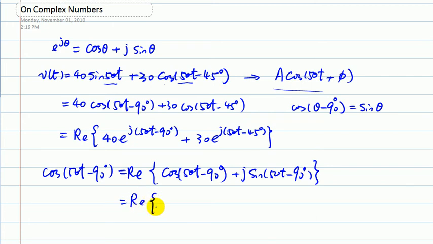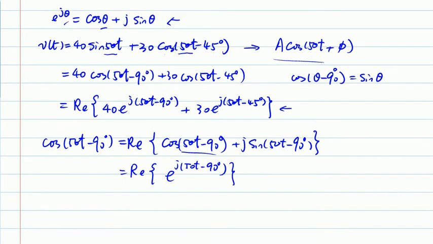And what's inside the big bracket, according to Euler's formula, is e^(j(50t minus 90 degrees)). The theta here is 50t minus 90 degrees. This is how I got this equation.